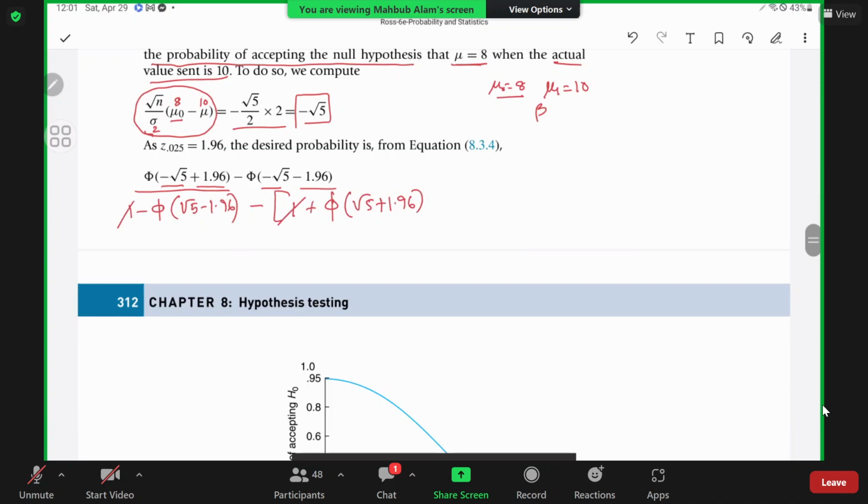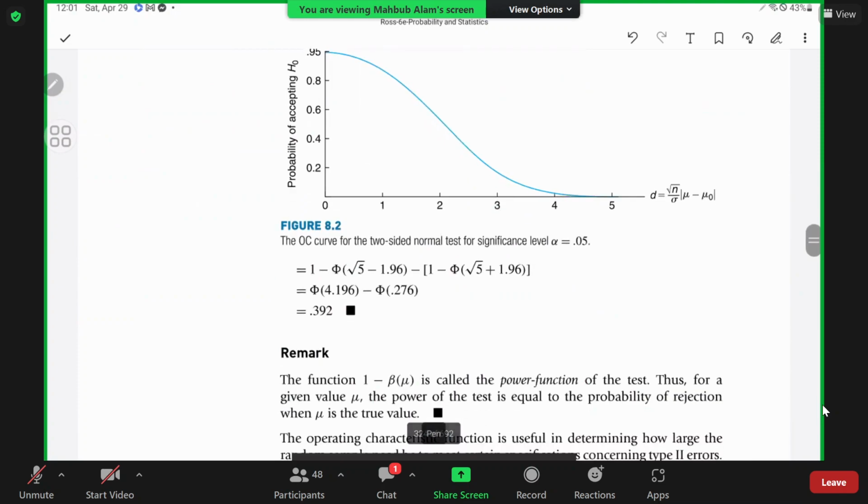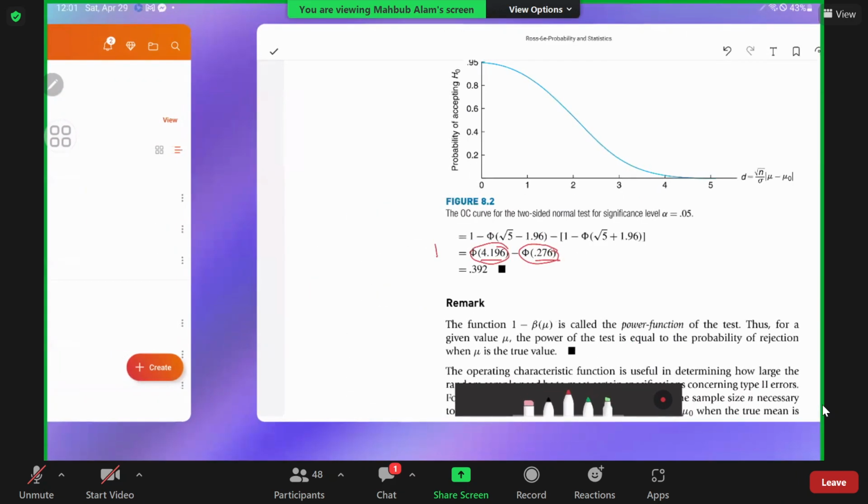This will be plus, and what we have is phi of square root of 5 plus 1.96 minus phi of square root of 5 minus 1.96. And if we look at the values here, this becomes 4.196, this becomes 0.276. As you know, phi of this one is 1, and this one is 0.276, 0.278.